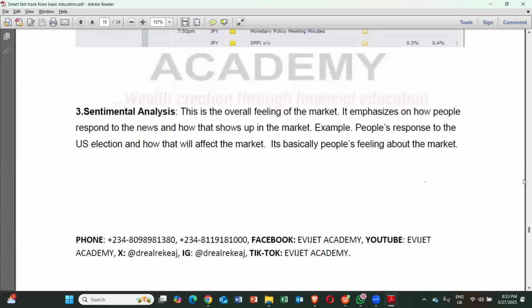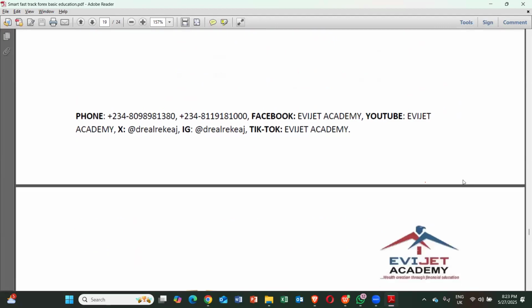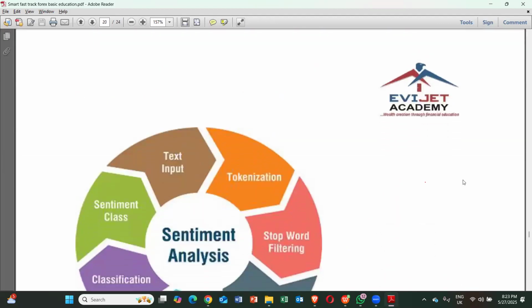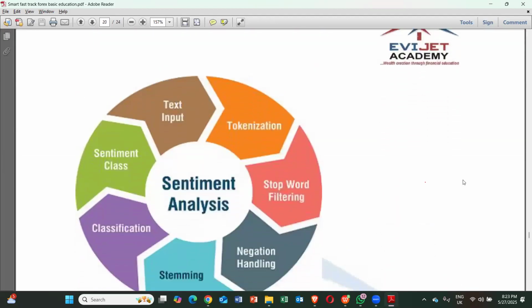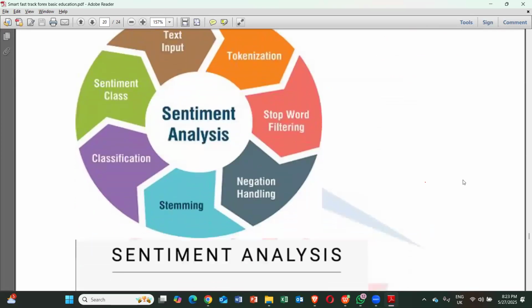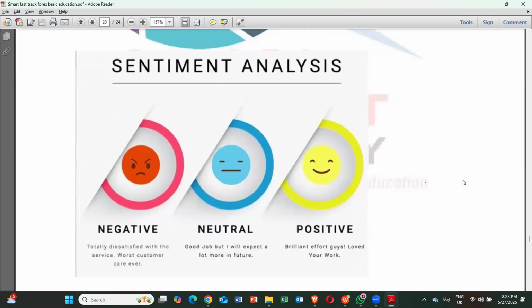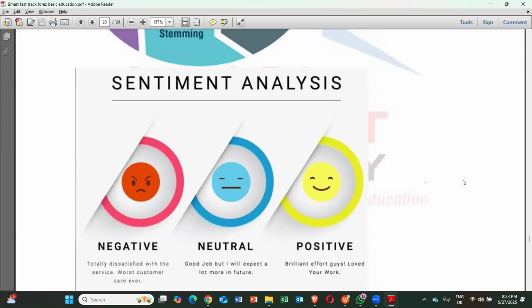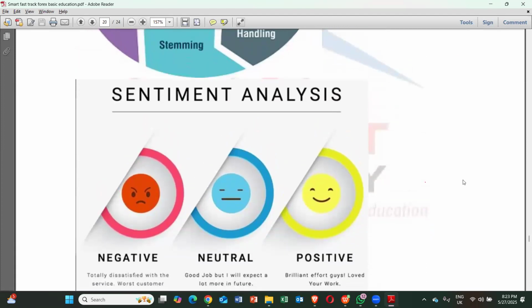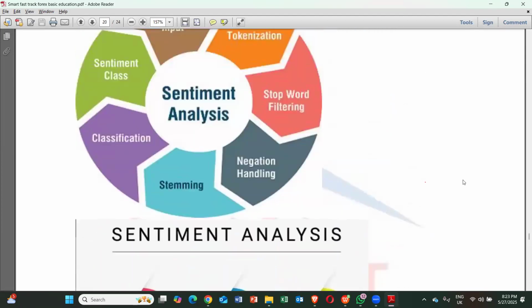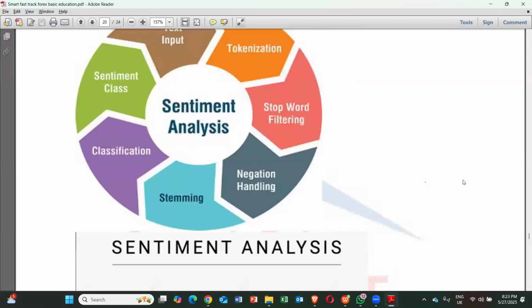And the sentimental analysis can actually be viewed with some tools, just the same way we have Forex Factory.